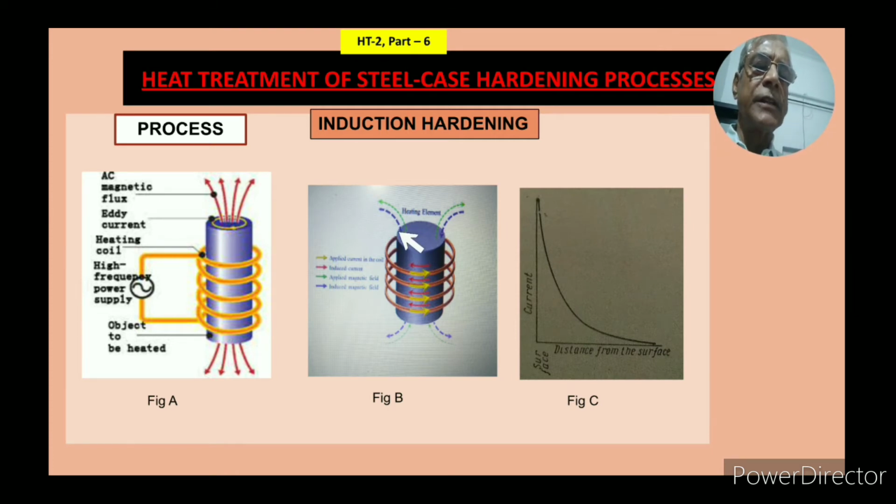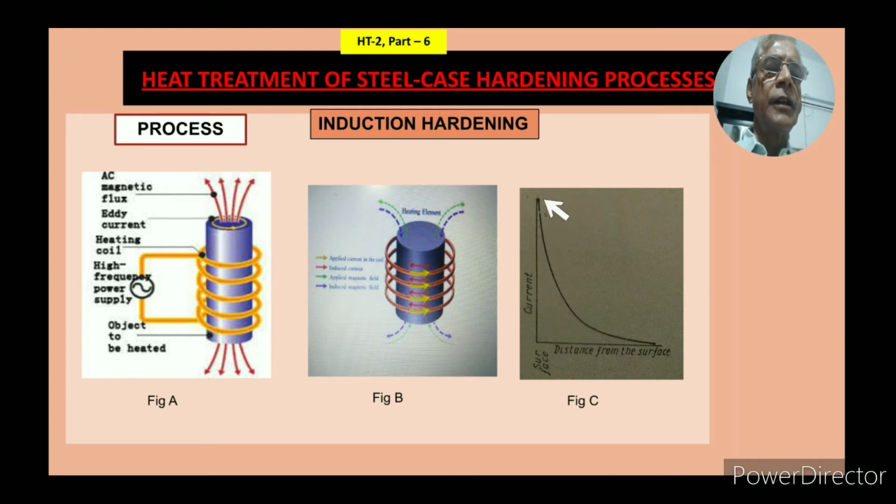It is at the peak at the surface, and then slightly it reduces towards the center. This is shown here. It's not very clear, but the pink line is here, the eddy current. This particular effect, wherein the eddy current density is much more at the skin compared to the center portion, is shown here in this figure. You can see this very clearly.